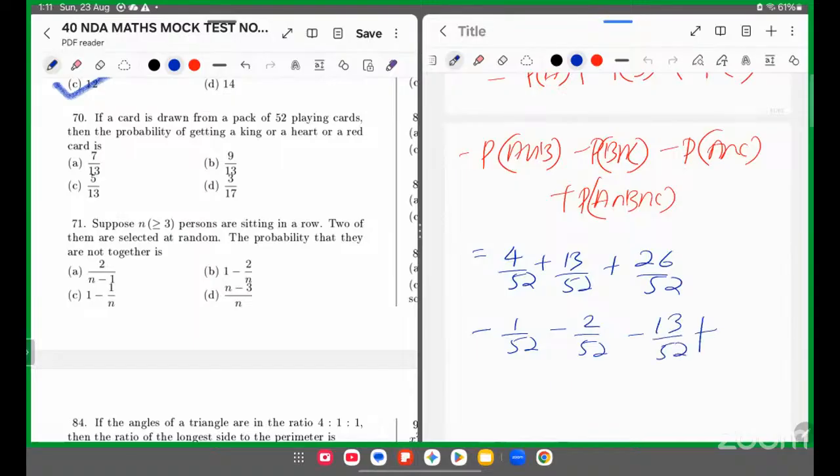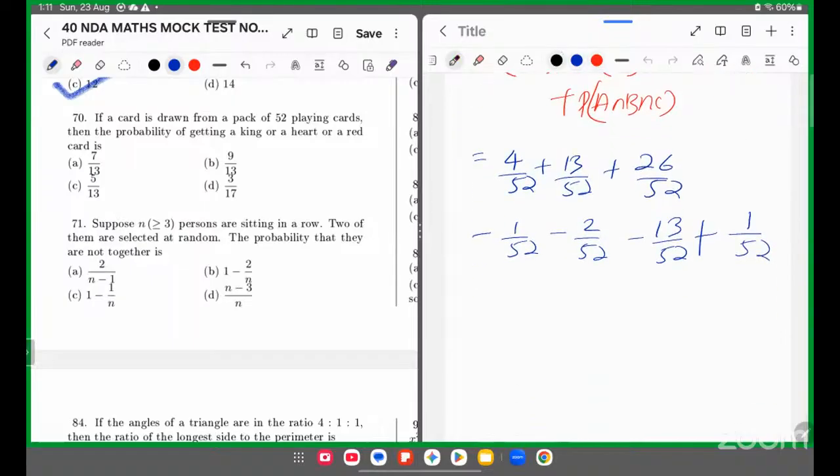Then plus king and heart and red, 1 by 52.